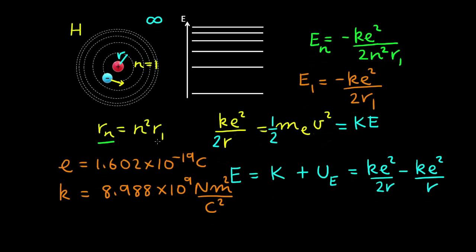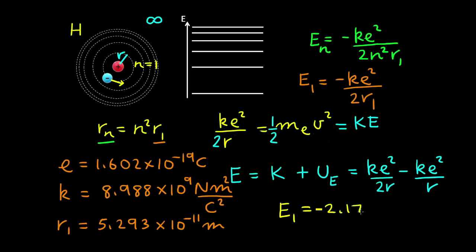And we also found the radius of the first orbit was equal to 5.293 by 10 to the minus 11 meters. So if we substitute these values into here, we get the energy of the first orbit as 2.179 by 10 to the minus 18 joules.